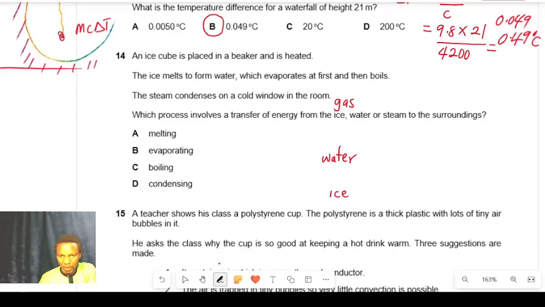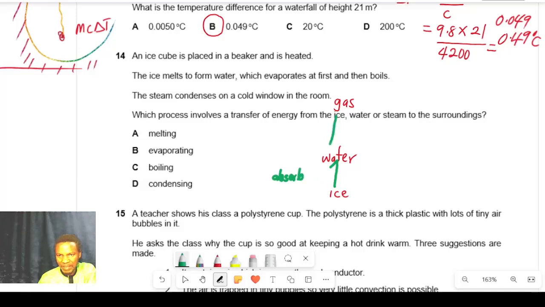If the ice melts to form water, this process involves absorbing energy.